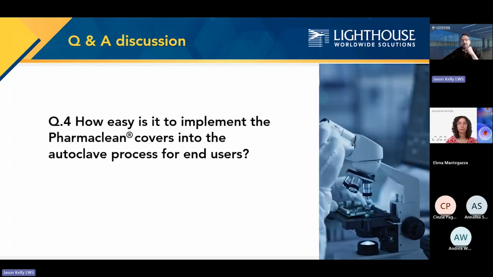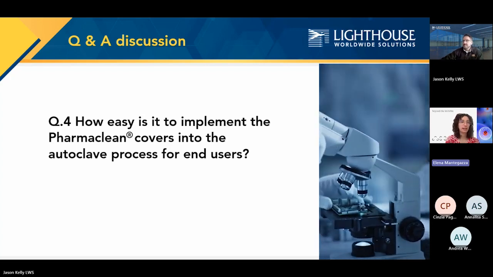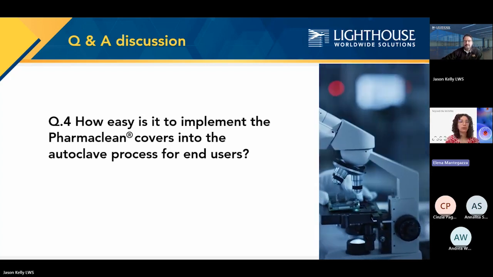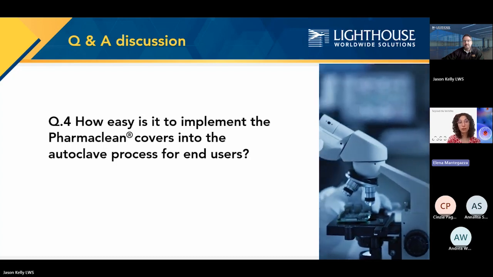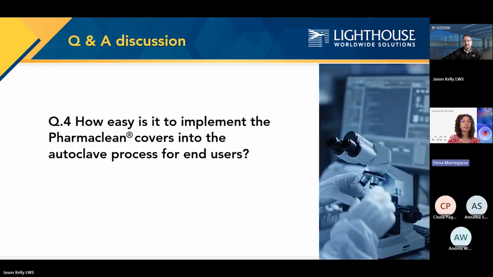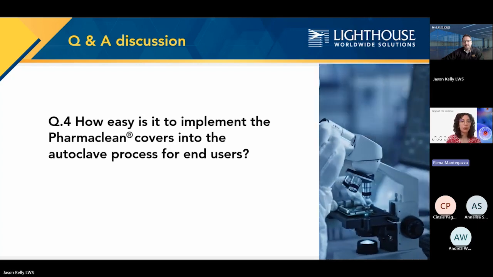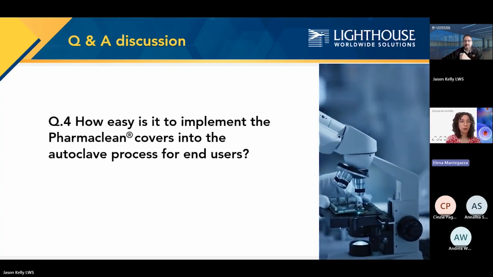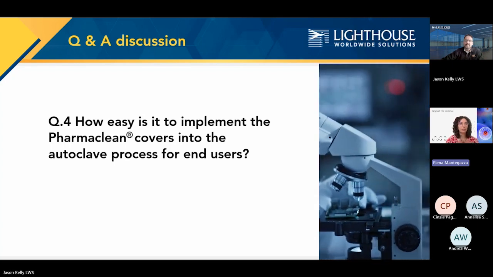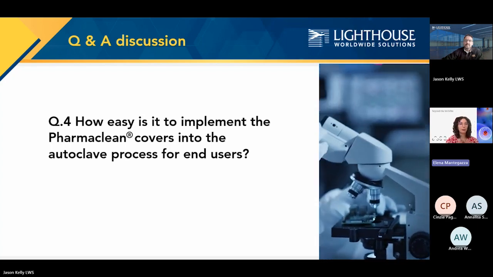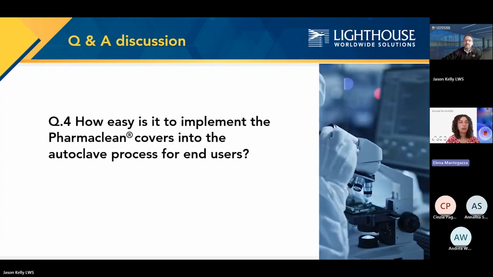So let's say, Jason, in terms of autoclave validation, as I have already told, if the customer arrives from a different material or no material for packaging, of course, the cycle should be validated or revalidated. Instead, from the operator's point of view, as what I saw in the field, they are very grateful because the covers are very easy to use.